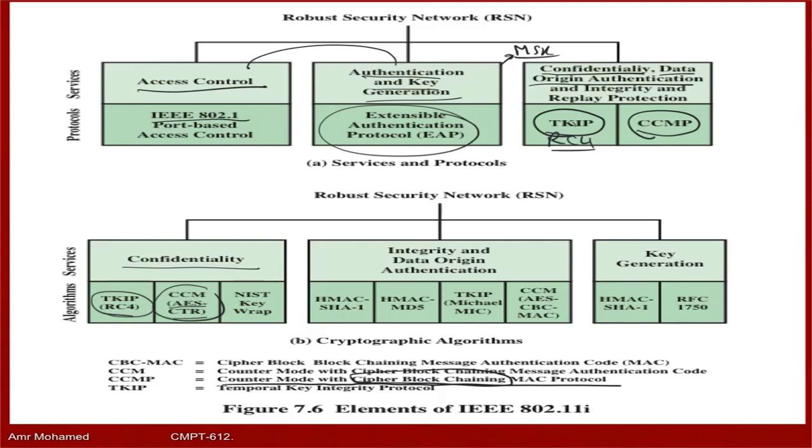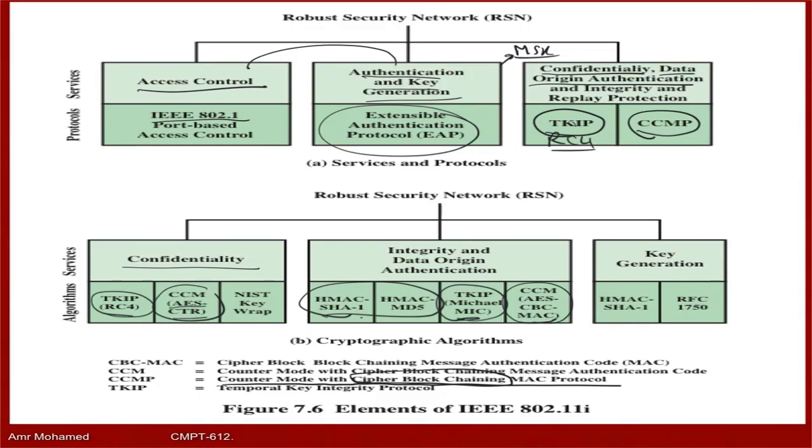The signature part uses HMAC SHA-1 or HMAC MD5. And for the data origin authentication, for TKIP, it uses some kind of message integrity code similar to the MAC, but again uses the pre-shared key to be backward compatible. For the case of CCMP, we use cipher block chaining with AES.